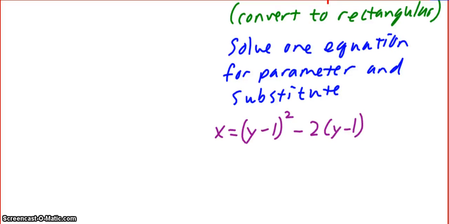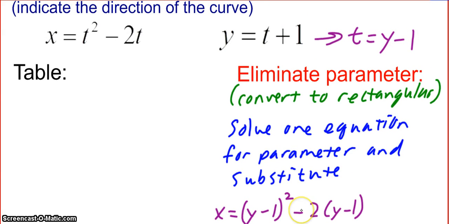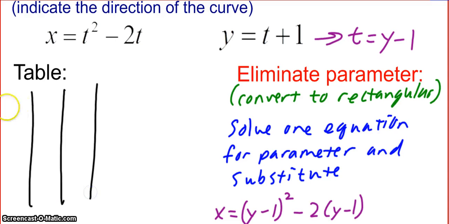The other way to graph a parametric, though, because that's not a simple function for me to graph necessarily, is to just make a table with the parametric equations. And since I would be basically making a table with the quadratic relation, I might as well just do the table with the parametric relations, or parametric equations. So now, when we do this, we're going to have t, x, and y.